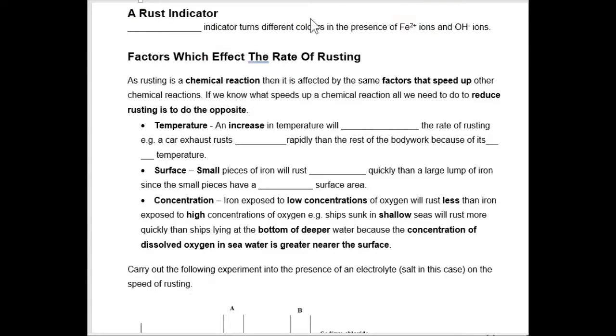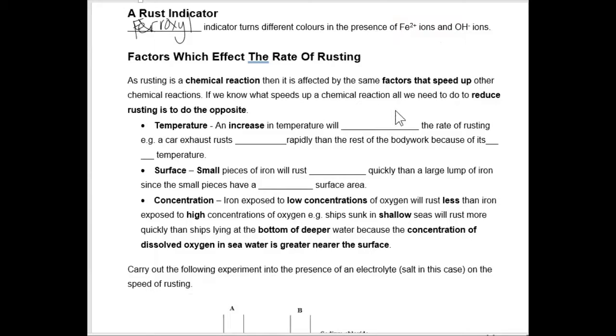So, a rust indicator: ferroxyl indicator turns different colours in the presence of Fe2+ ions and OH- ions. Factors which affect the rate of rusting: as rusting is a chemical reaction, it is affected by the same factors that speed up other chemical reactions.